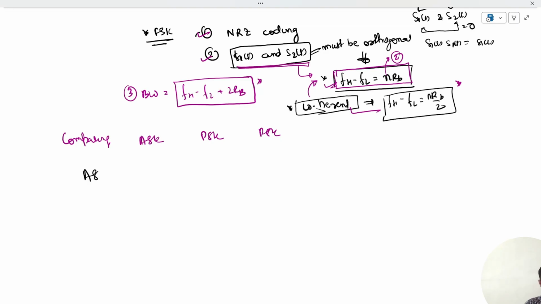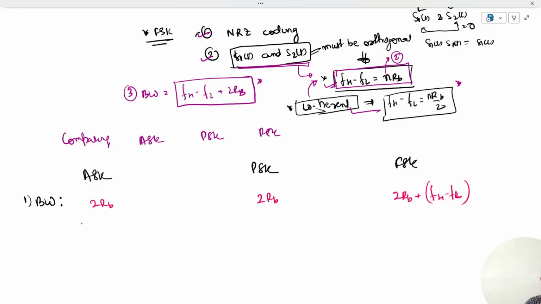Suppose this is ASK, this is PSK, and here we have FSK. What about the bandwidth? For ASK we have twice of Rb, for PSK we have twice of Rb, and for FSK we have twice of Rb plus fH minus fL. Okay, this is the bandwidth.